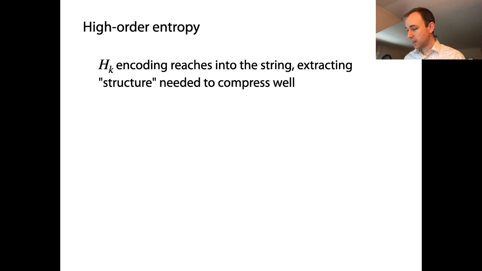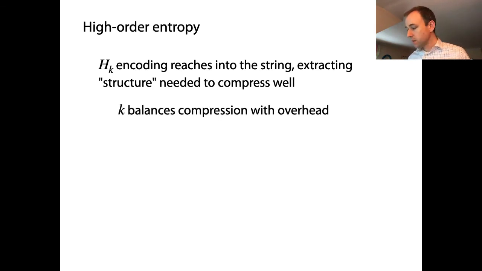Okay, so this high order empirical entropy encoding idea, where we first condition on or stratify by context, then apply a nice simple zero order code to all the characters that have that context, is like reaching into the string and extracting some of the structure that we need in order to compress well. Okay? And this value k, which we can adjust, is balancing compression with overhead: more compression for higher k, but also higher overhead.